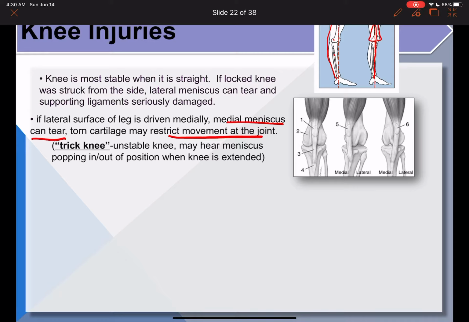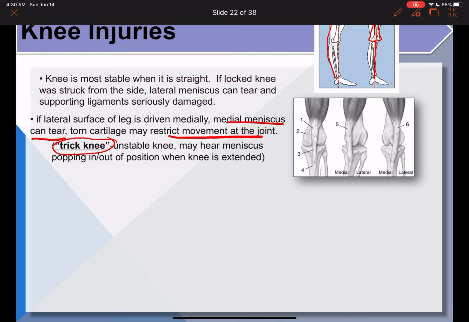So when a torn meniscus happens, this can sometimes lead to unstable knees, and that can actually cause something called the trick knee, where you may hear the meniscus pop in and out of position when one extends the knee, because the meniscus is torn and hence the shape doesn't fit as well anymore.